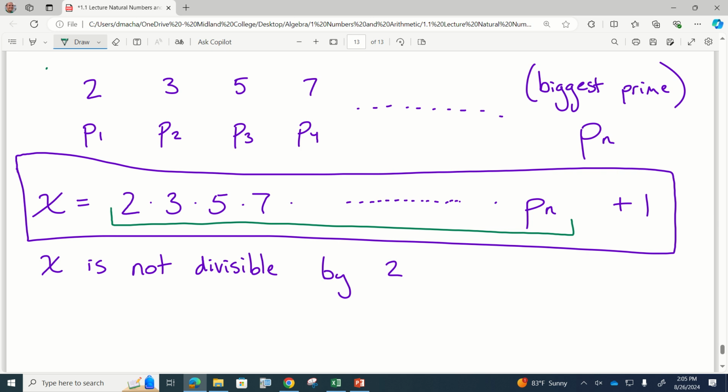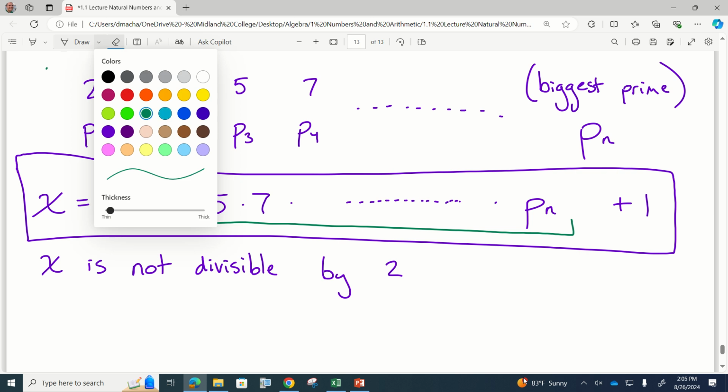What about 3? x cannot be divisible by 3 because this green underlined part is divisible by 3. You could divide out that 3. But then x means I take that and I add 1 to it. So think of any multiple of 3, and then you add 1 on top. Now it's not a multiple of 3 anymore. So we're not divisible by 3. x is not divisible by 5 for the same reason.